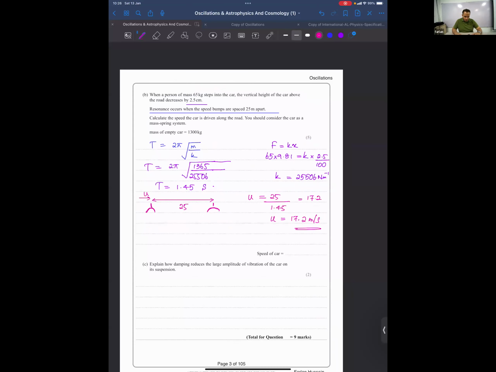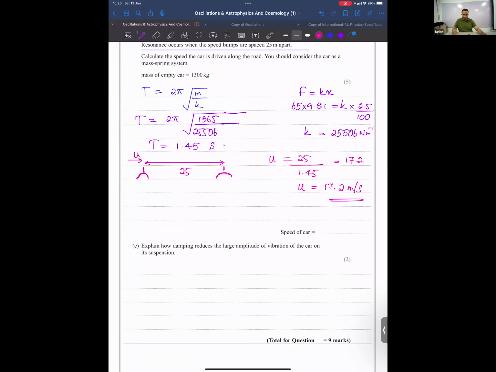Right. Anyway, part C is: explain how damping reduces the large amplitude of vibration of the car on its suspension. So, they're asking about damping.